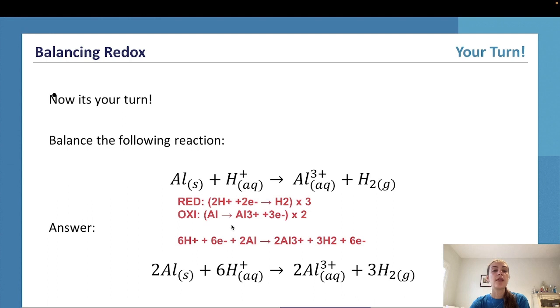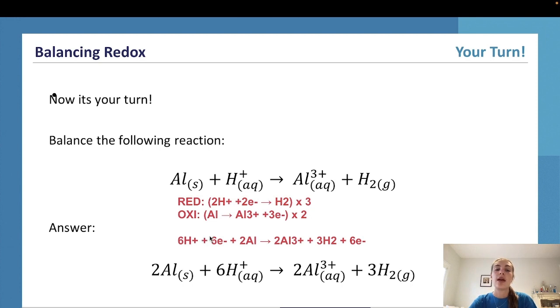So we can put all of the reactants on one side and all of the products on the product side. And so we'll get 6 hydrogen ions plus 6 electrons plus 2 aluminium makes 2 aluminium 3 plus plus 3 H2 plus 6 electrons. And then we can cancel out any double ups that we have on both sides.